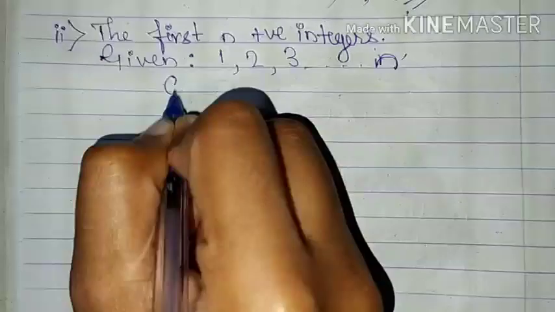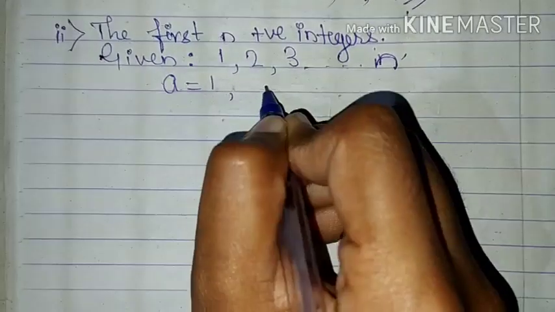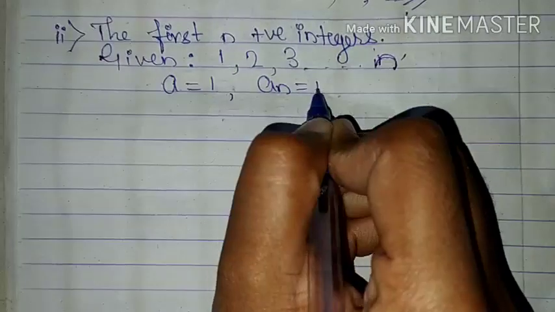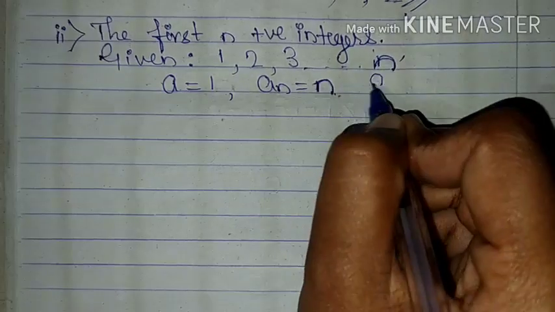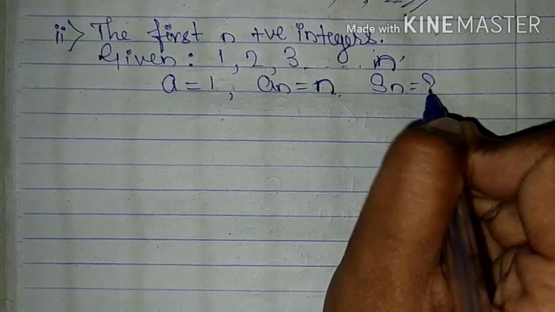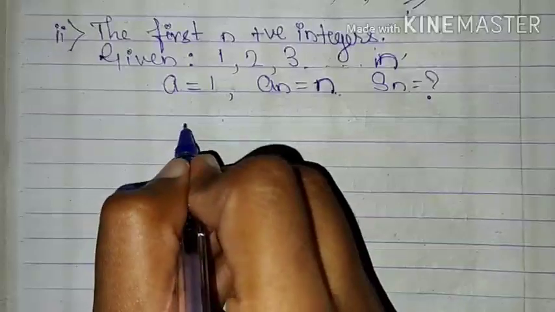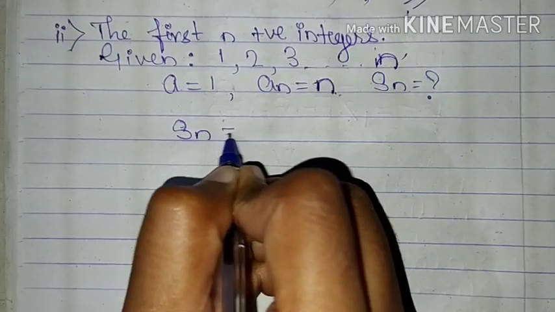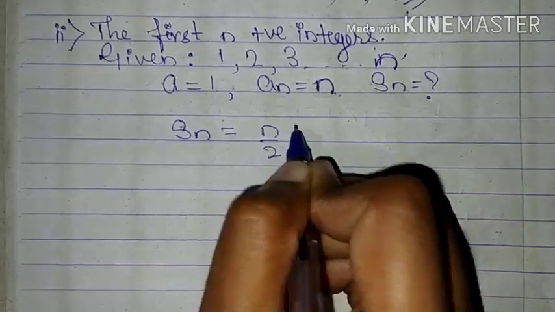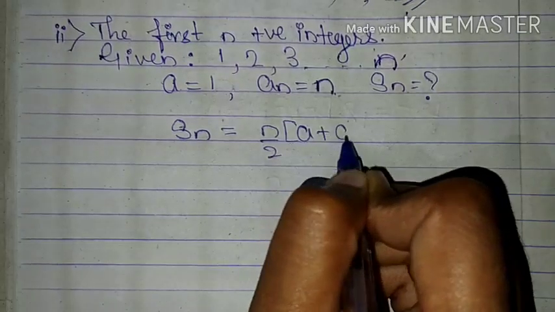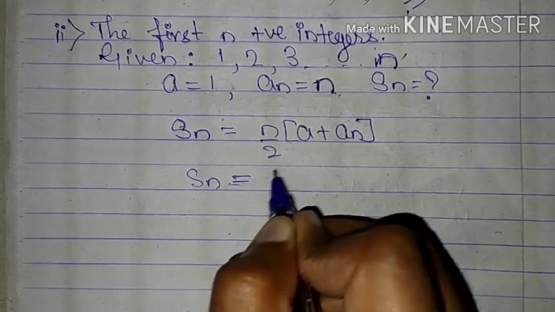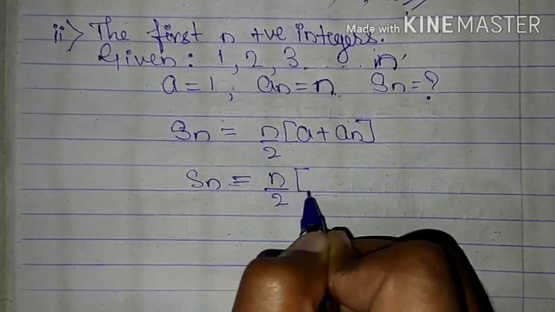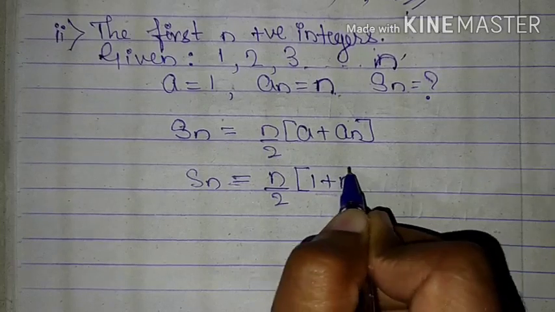So here A is equal to 1, An is equal to n, that is our some arbitrary number. So Sn is equal to how much? Now let's put this in our formula. Sn is equal to n by 2 into A plus An. We'll get Sn is equal to n by 2 into 1 plus n.